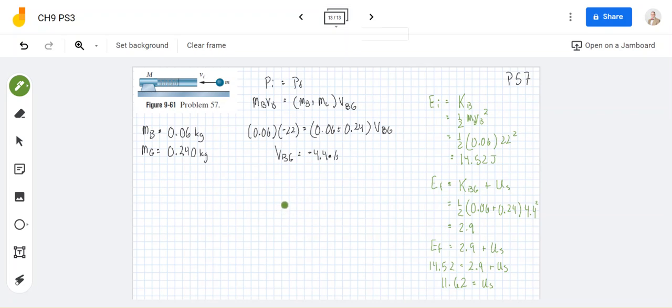What fraction of the initial kinetic energy of the ball? So if I do U_S divided by K ball, this is equal to 0.8, which is 4/5. And that's it for Chapter 9 Problem Set 3.